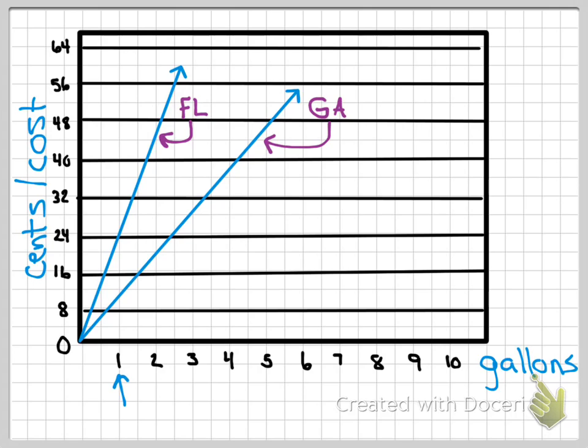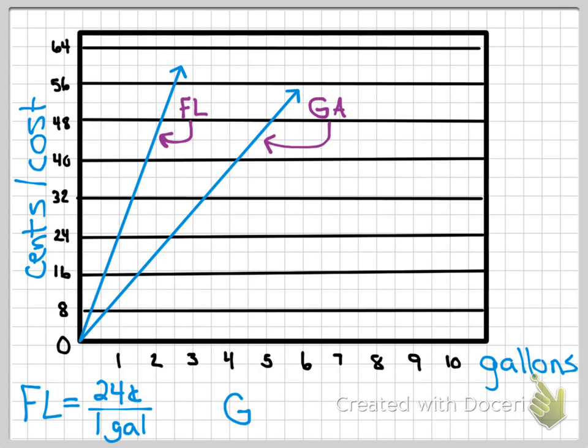So I look where my Florida line intersects the 1 gallon point. And how many cents would that be? It's 24 cents. Do you see that? 24 cents per gallon.